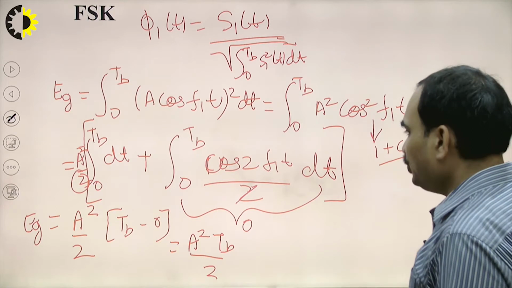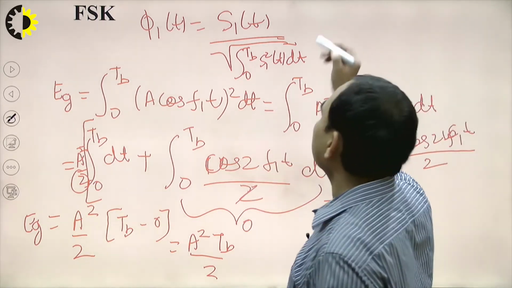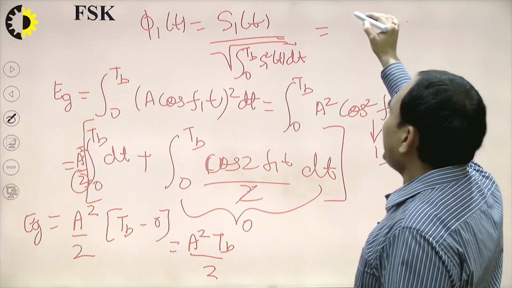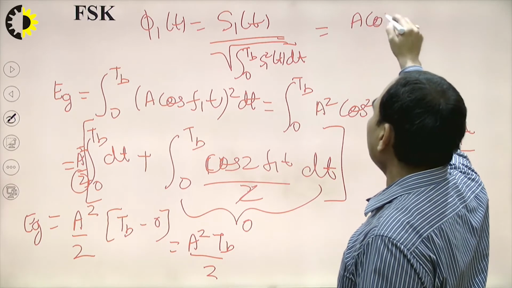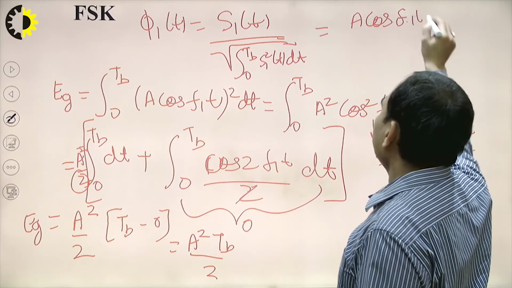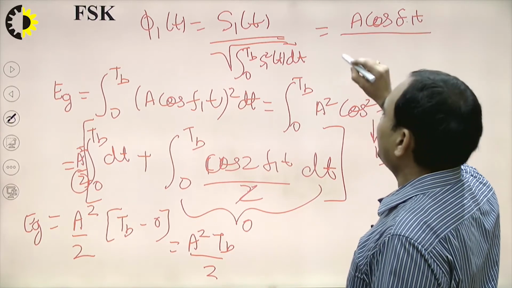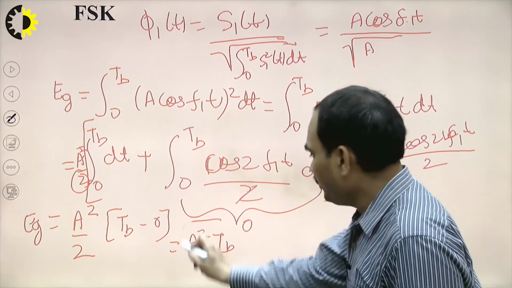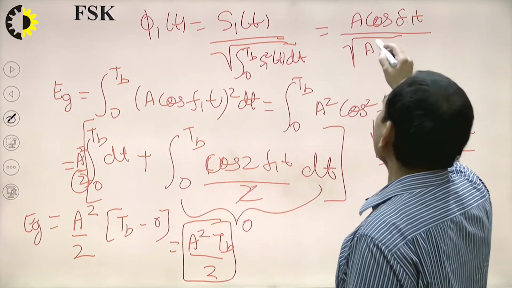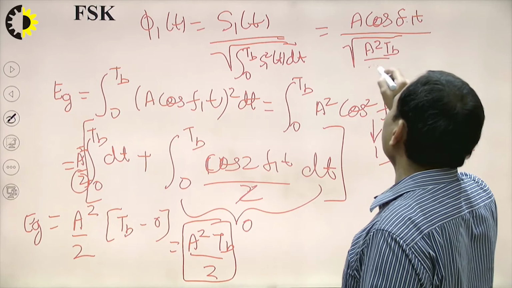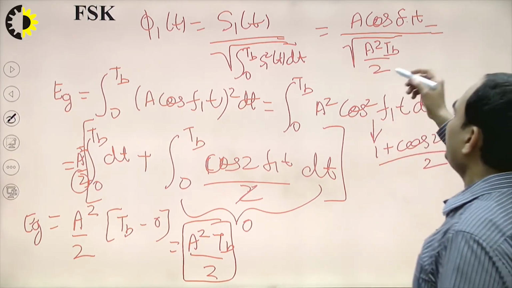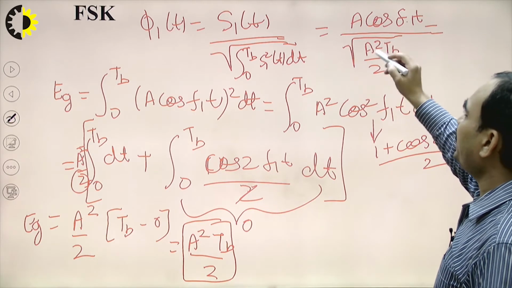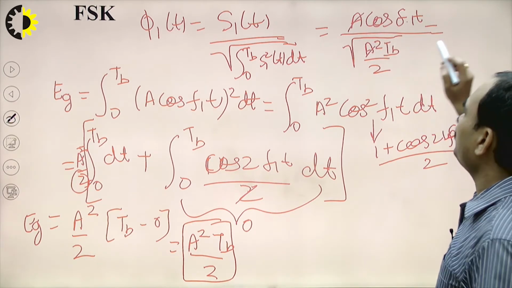Now if we substitute this energy in our basis function, the first basis function will be given by s1(t), A cos of f1 t, over the square root of its energy, which is A squared Tb by 2. If we see here, it is the square root of A squared, so A we take outside and this will be cancelled out.